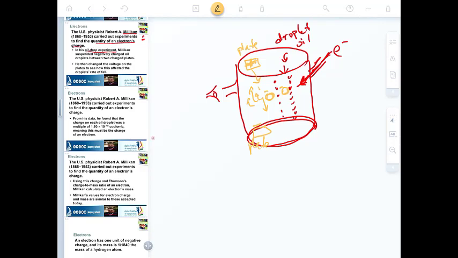It means he controlled the movement of the droplet by using very complicated equations containing the velocity of the droplets and the mass and many variables. He found the value of the charge, which is one of the variables in the equations, the charge of the electron.